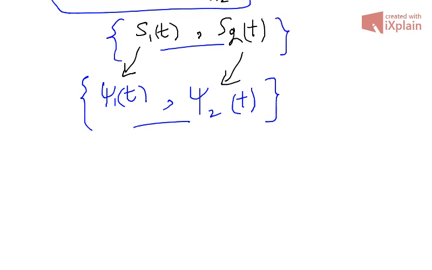Here we have used only two of them. Now we would choose the third one, S3 of t, and we try to find our third orthonormal signal. When we choose S3, keep in mind, we already have two basis functions, psi 1 of t and psi 2 of t, in our set.